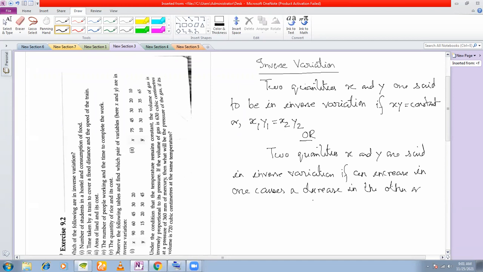Or a decrease in one causes an increase in the other. Right?